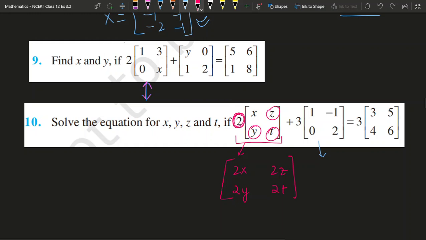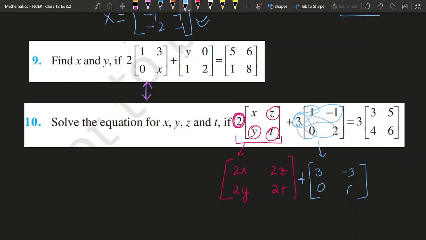In the second matrix, you again do the scalar multiplication. So 3 times 1 gives you 3, 3 times -1 gives you -3, 3 times 0 gives you 0, and 3 times 2 gives you 6.